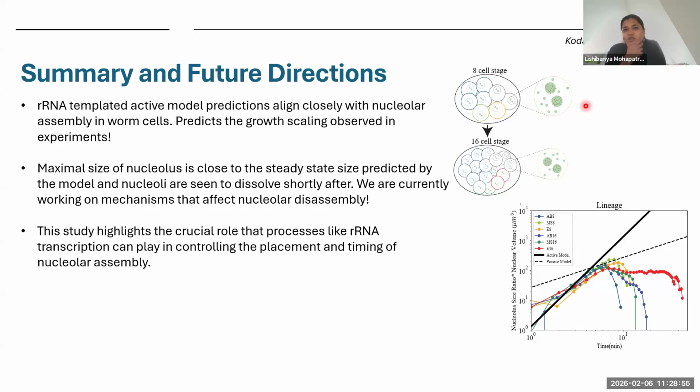That's a very good question. Our assumption was guided by the FISH experiments that they did. In the FISH experiments, the nascent RNA co-localized with nucleolar assembly, so that's why we assumed it to be the case. And it turns out that this assumption matches well enough with the experimental data, so it feels like a reasonable way to proceed.